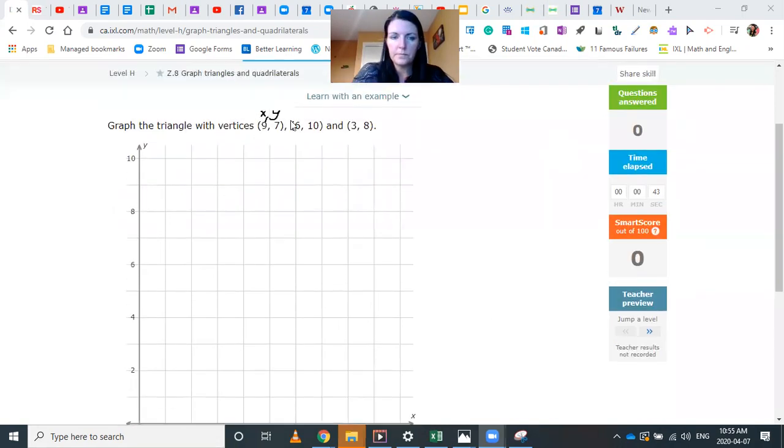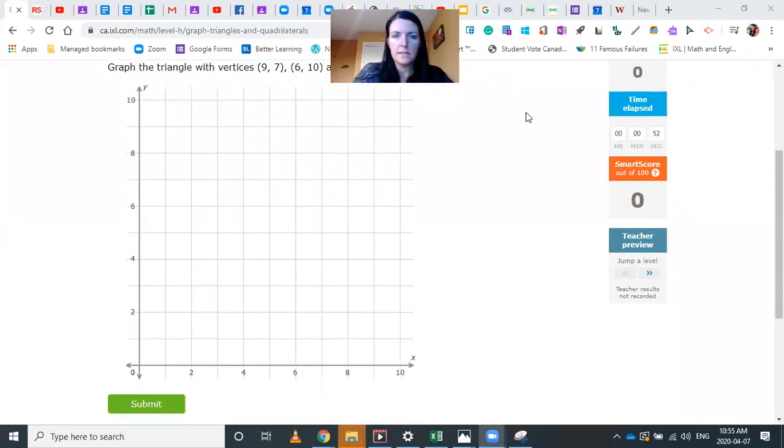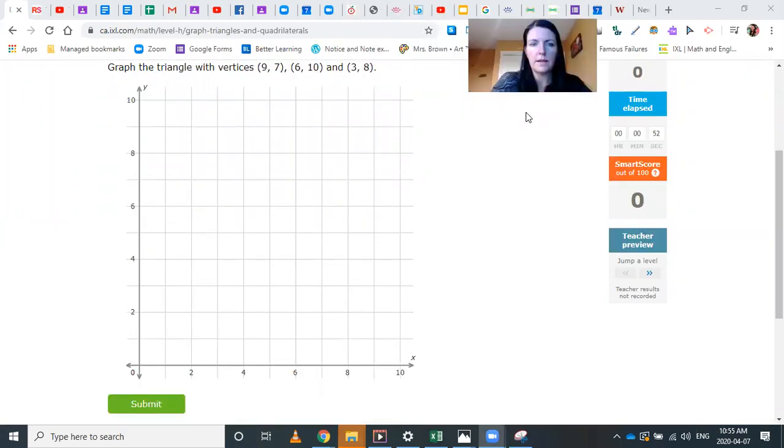So remembering that the first is always, let me just move this out the way so you can see the screen correctly. Okay. So here we have X is 9. We look for 9 along the bottom. We got the even numbers, 2, 4, 6, 8. So the next one will be 9. And we go up to 7, which is between 6 and 8. And we put our little dot there.